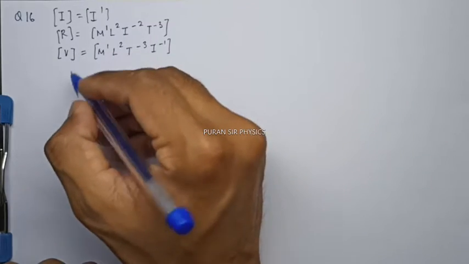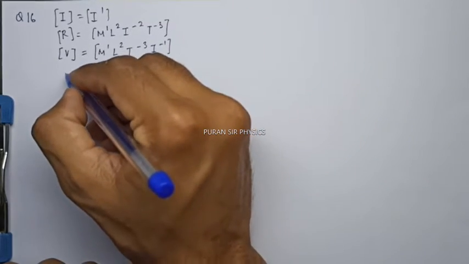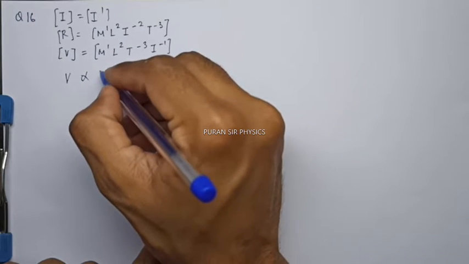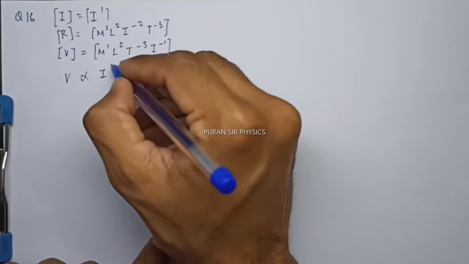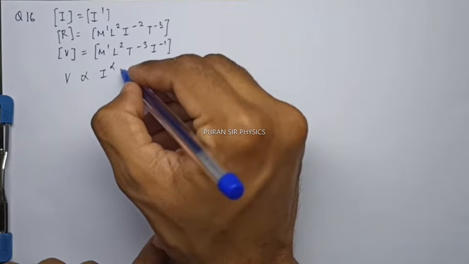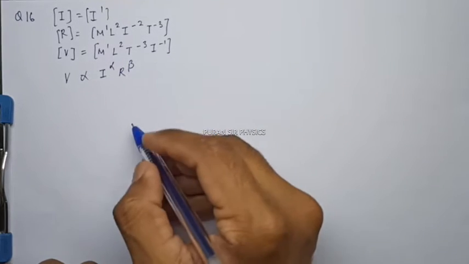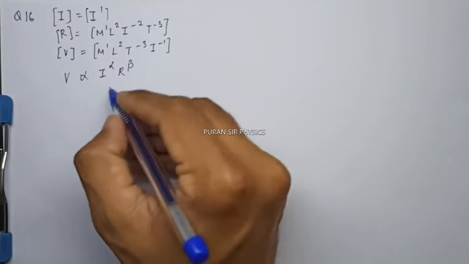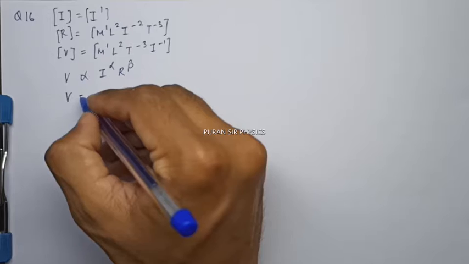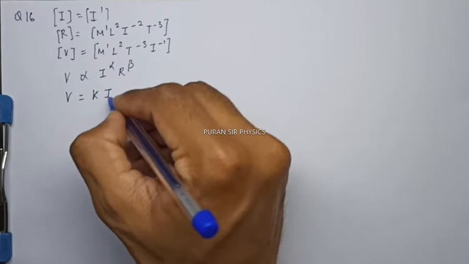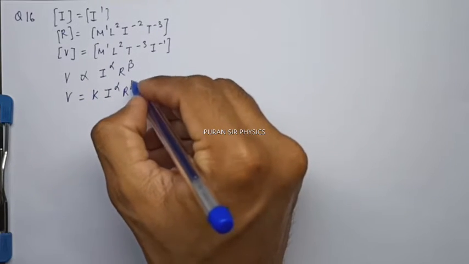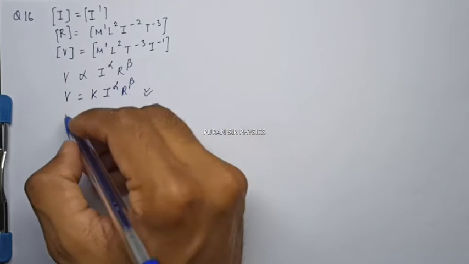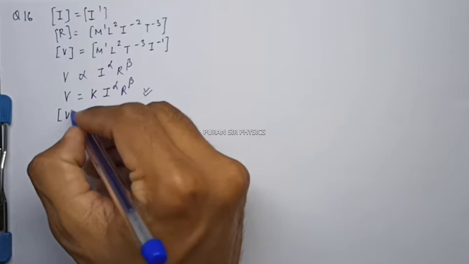So let us derive Ohm's law. Suppose V is proportional to I raised to power alpha and R raised to power beta. Suppose we do not know the relation, so let the proportionality constant be K. If this relation is correct, then it must be dimensionally correct, so we can take dimensions on both sides.